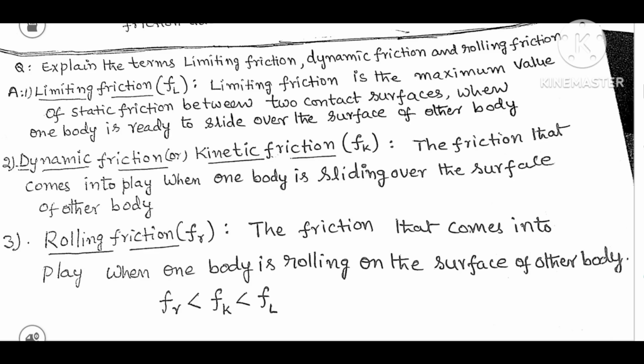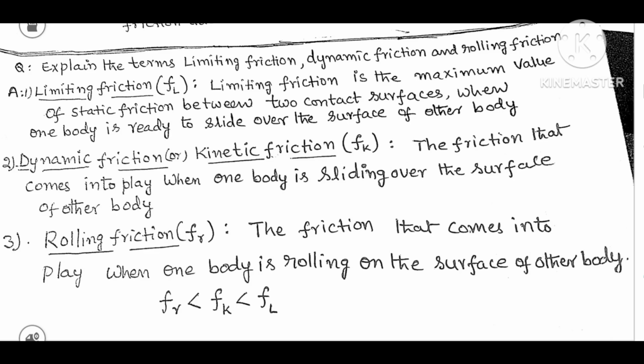Dynamic friction or kinetic friction: the friction that comes into play when one body is sliding over the surface of other body. Rolling friction: the friction that comes into play when one body is rolling on the surface of other body.